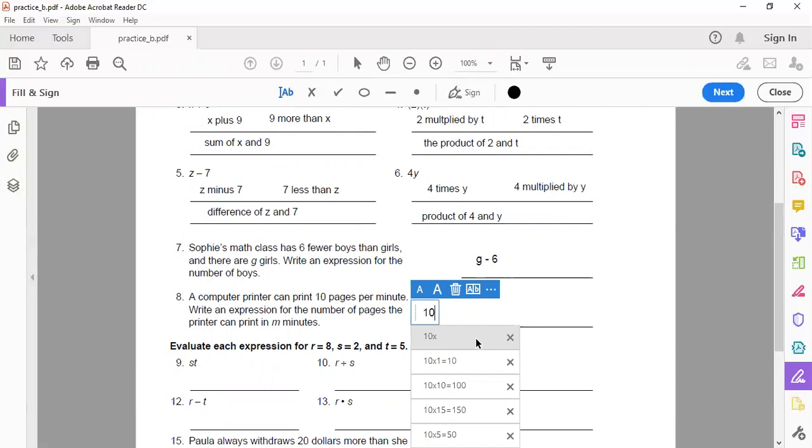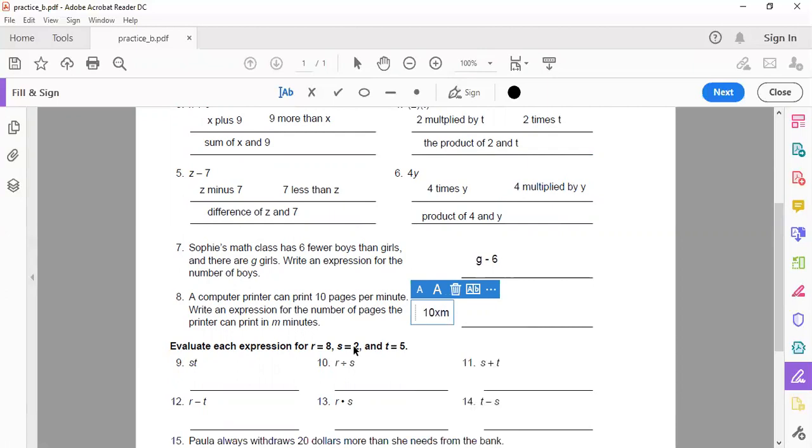Or if you want to find for 5 minutes, you multiply that with 5. So multiplied by, they did not give us how many minutes, they said m minutes. So your expression is basically going to look like this. But as you know, in algebraic expressions, we usually don't write the multiply sign, we write 10m. So the expression will be 10m, whereas you have to understand that it is 10 multiplied by m.